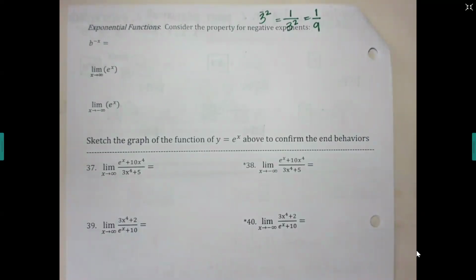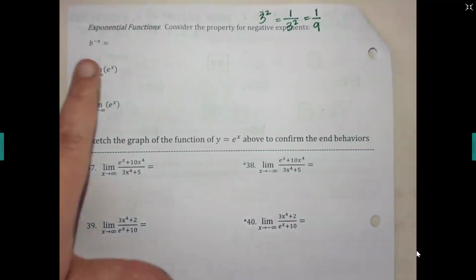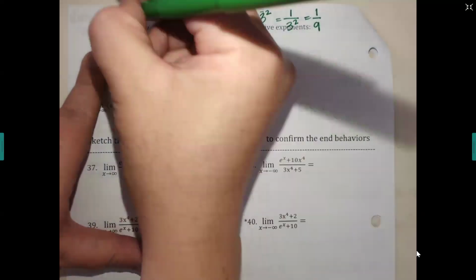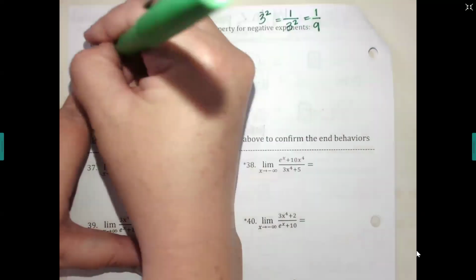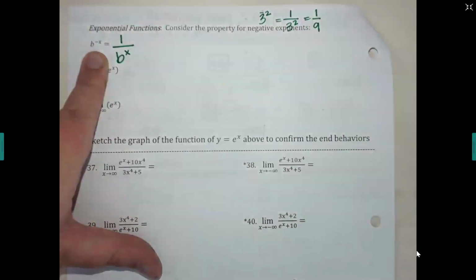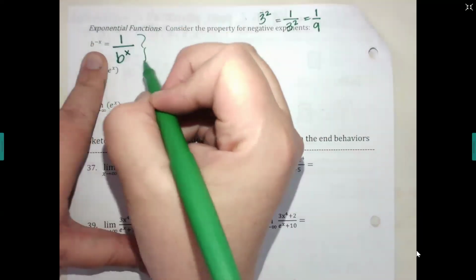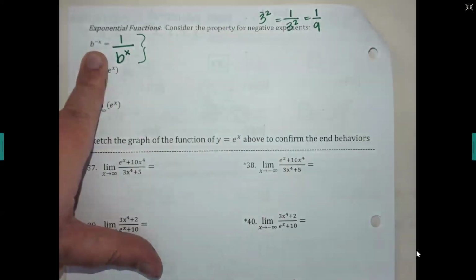Okay, so we're going to use that property whenever you have an x going to minus infinity and you have an exponential. So I want you to put right here, b to the minus x becomes 1 over b to the x. And this term always loses when you're doing Bobo, Button, and Betsy.